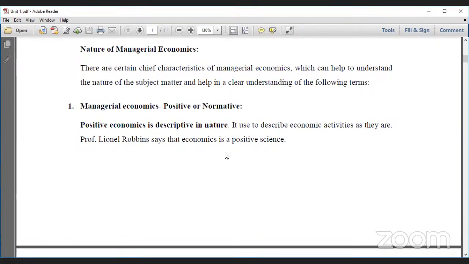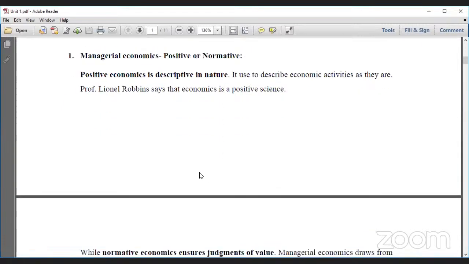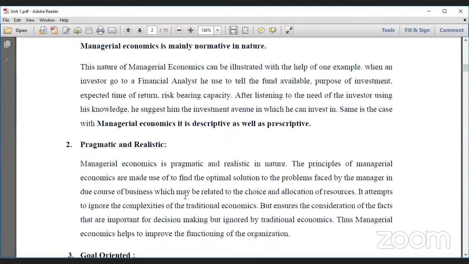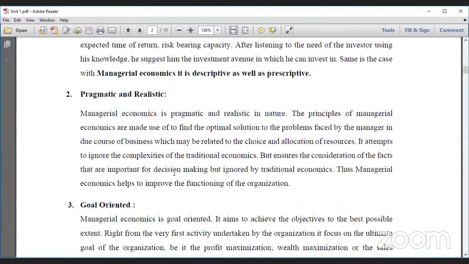But when you come out with solutions and say what ought to be, what should be done, then it is a case of normative economics. So managerial economics is normative in nature. It not only investigates the various problems of economics, but also comes out with various solutions. Then pragmatic and realistic. Pragmatic means practical.